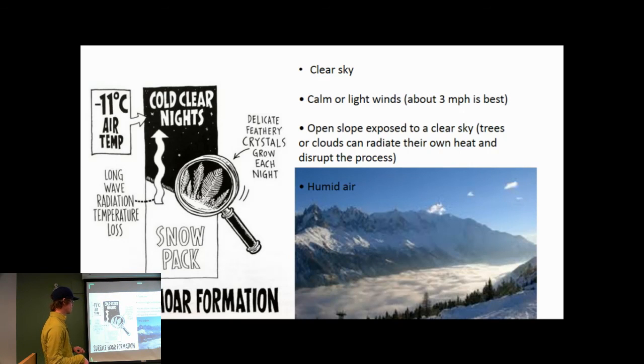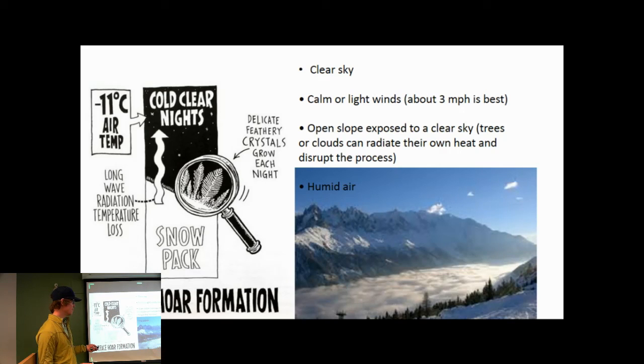And what can be even trickier is that if you get some valley clouds and you've got clear sky, you've got all the ingredients for surface hoar formation. It creates an inversion sometimes, and then the warm air at the bottom of the valley can carry a lot more humidity than the cold air on top. So you're going to create valley clouds.